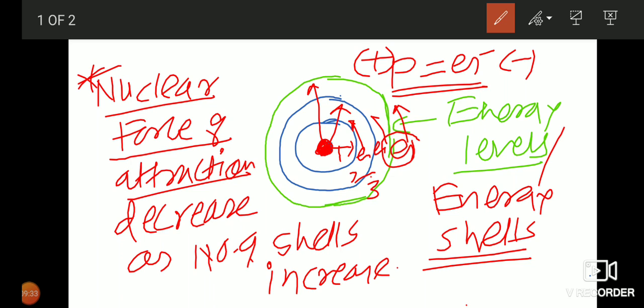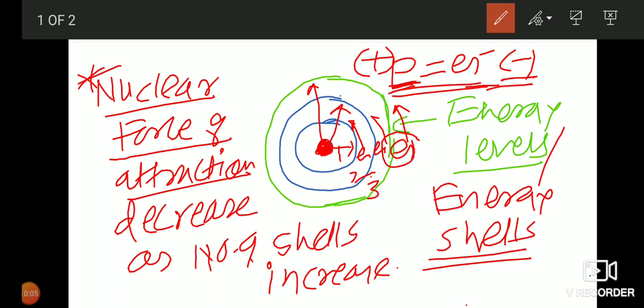By this theory we can easily say that the atom is neutral, understand. So the atom is electrically neutral. Why? Because the number of protons is exactly equal to the number of electrons, and as we know, if the positive charge of protons and the negative charge of electrons balance, the atom becomes neutral.